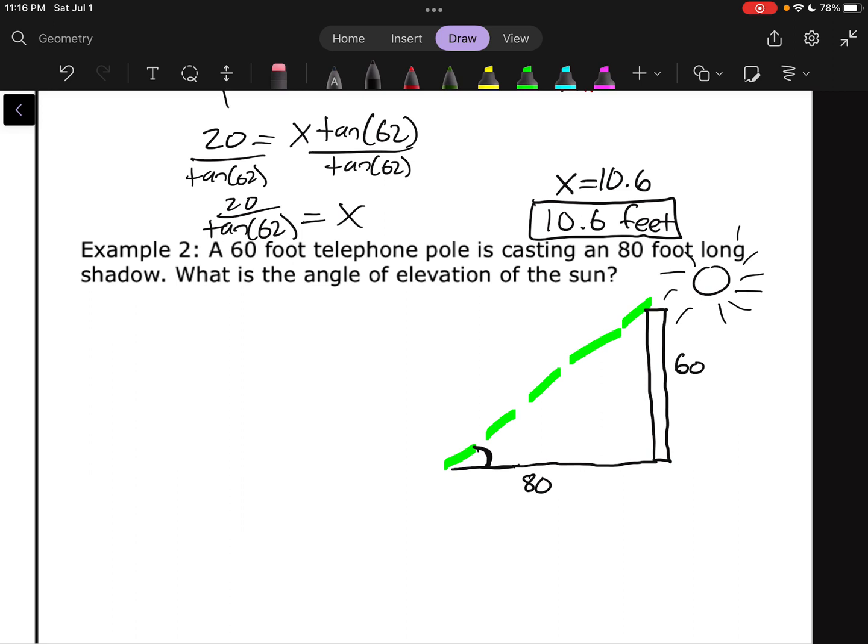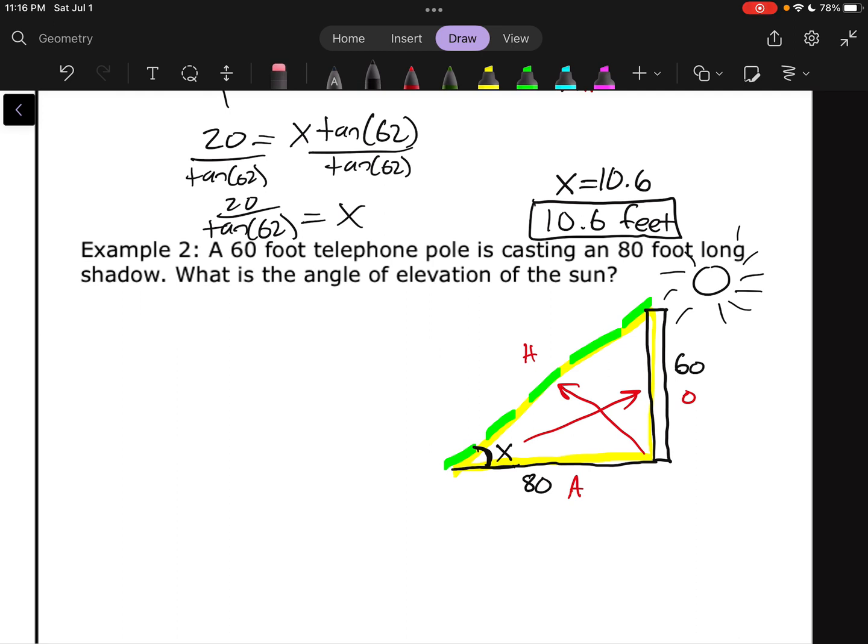The shadow's obviously on the ground. Shadows are on the ground. So we want to find this angle right there. So our triangle is definitely formed right here, right? We start at the angle. We draw the arrow. That's the O. This is the H. This is the A. So it looks to me like we've got to do some tangent again.